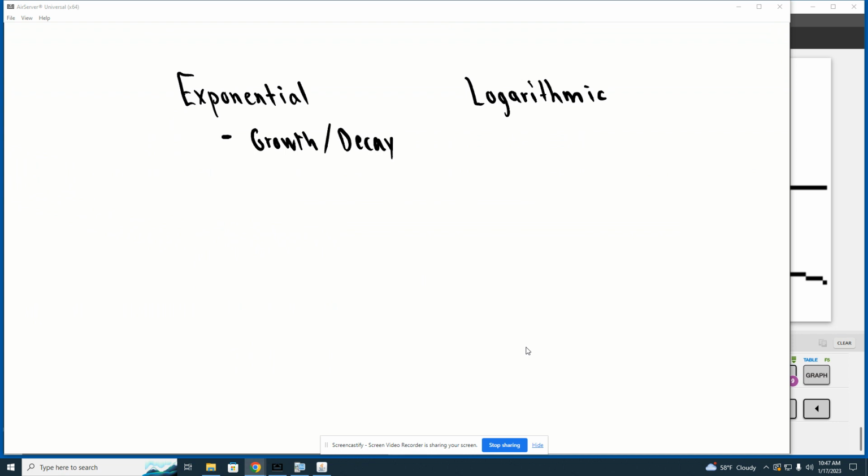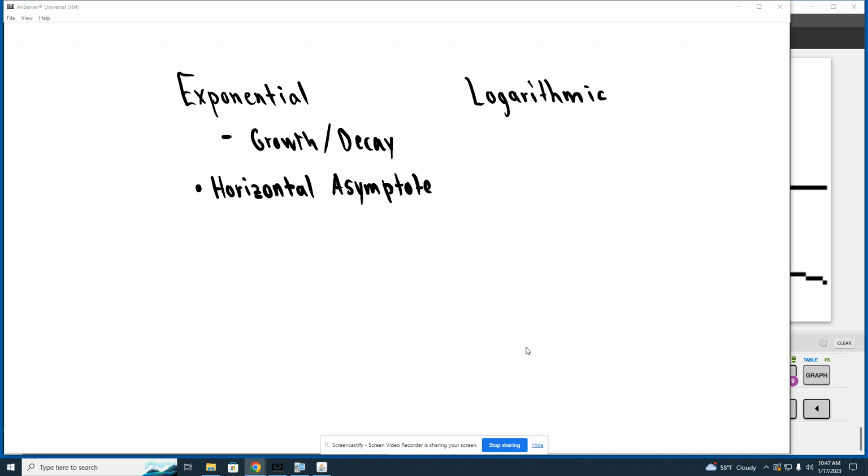What type of asymptote did an exponential function have? It was horizontal. It was a horizontal line that the graph just could not cross, right? A horizontal line that the exponential function could not go below, right?